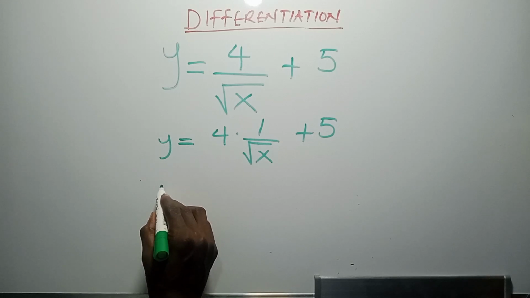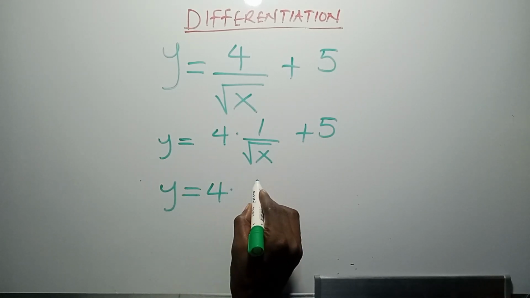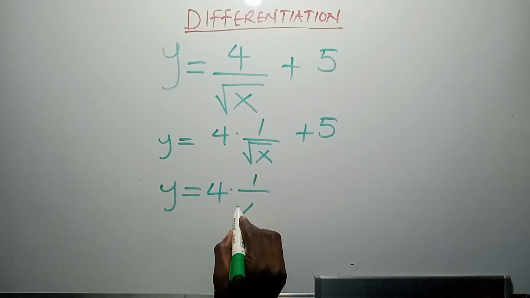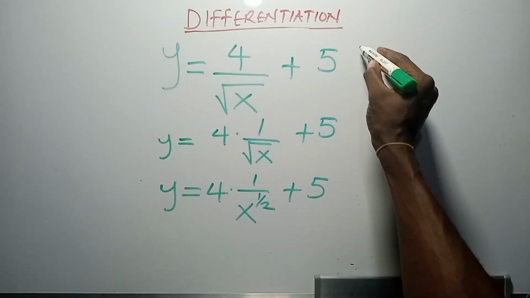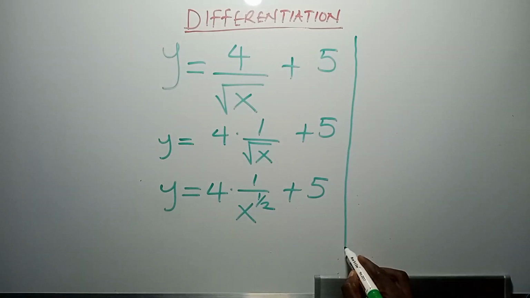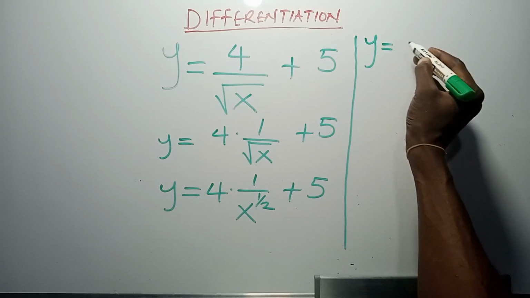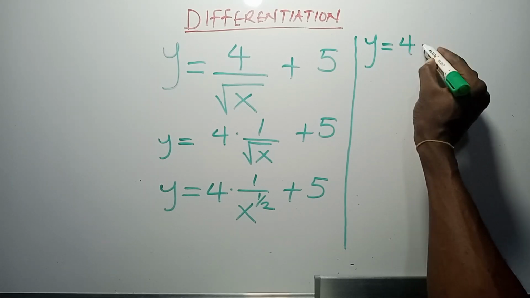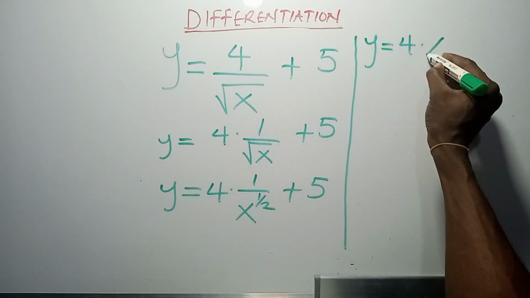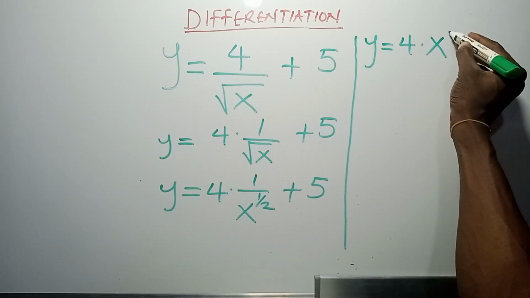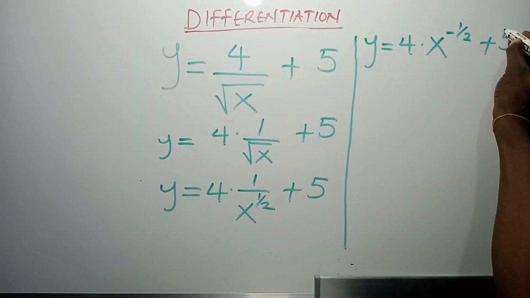So we can say that y is equal to 4 times 1 over x raised to the power of half, plus 5. So if we go further, we get that y is equal to 4 times, remember, negative index implies reciprocal, so we get x raised to the power of minus 1 all over 2, plus 5.